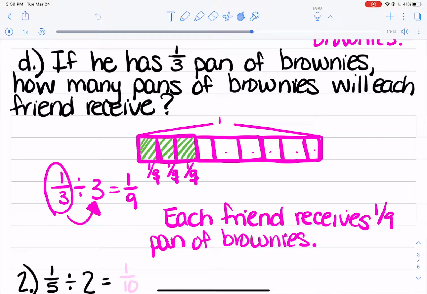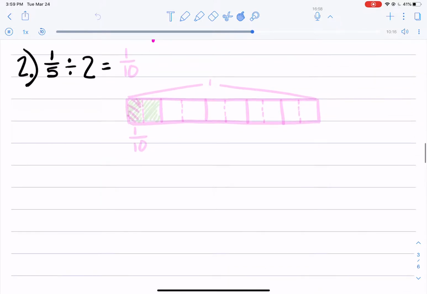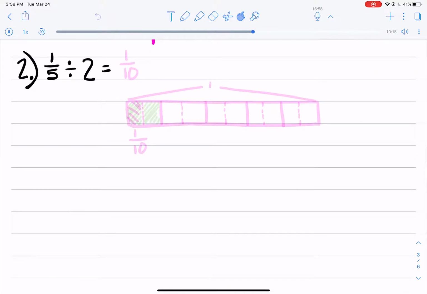Let's try this next one now. 1/5 divided by 2. Okay, so for this one, I'm going to draw a tape diagram. My tape diagram is going to have fifths, and each of my fifths now needs to be divided into 2.